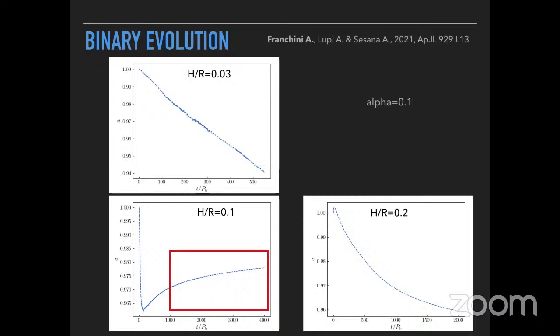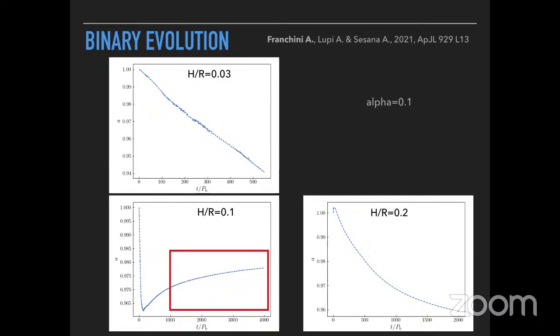Also, this criterion of H over R equal to 0.1, how much does it depend on the mass of the black hole, or how general is this criterion? You mean how general it is that a disk would have H over R of 0.1? Yeah. It's really unrealistic for massive black hole binary disks. I mean, since they are thought to be very similar to AGN disks, they would have aspect ratio below 0.03.